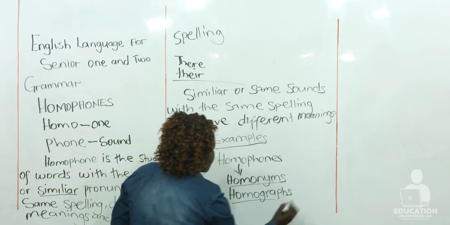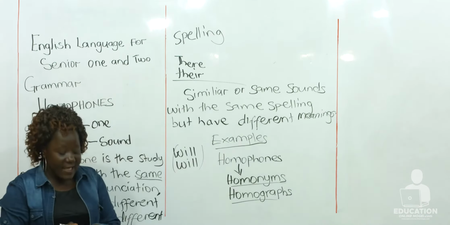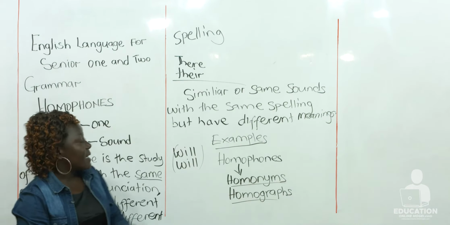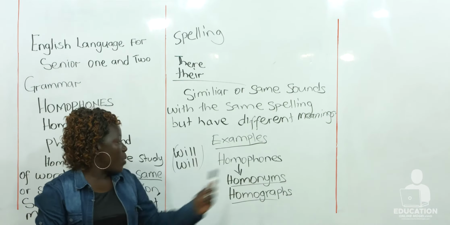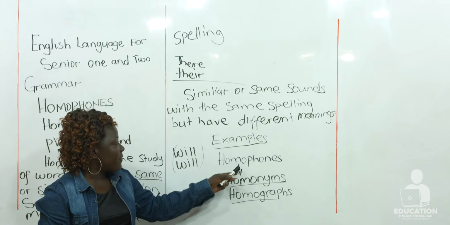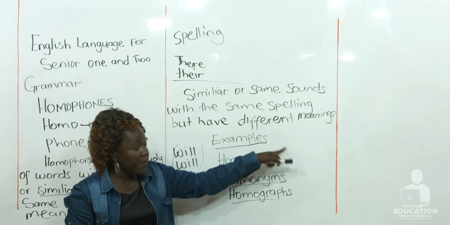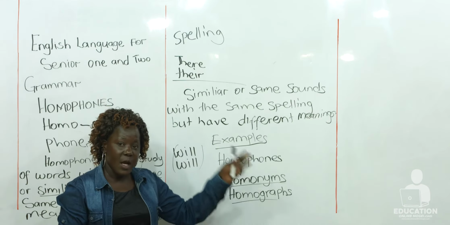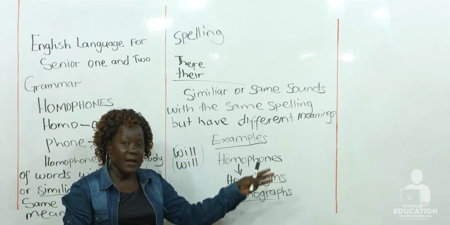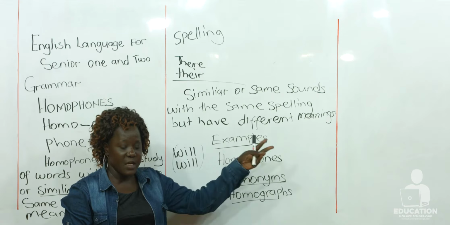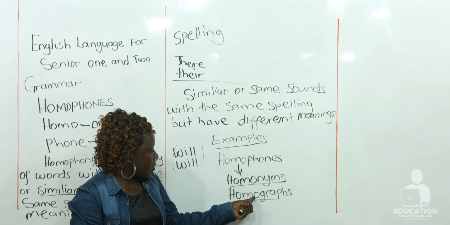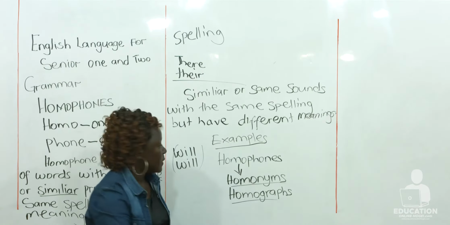Right, these two. Let us start looking at this other type of homophones that is having the similar or same pronunciation, different spelling, and different meaning. We leave these homographs and homonyms.